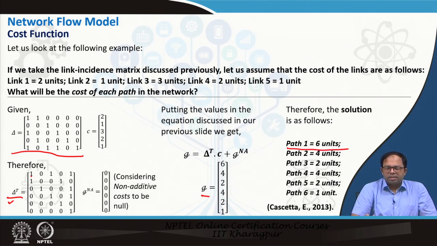So, path 1 is 6 units, path 2 is 4 units, path 3 is 2 units, and so on. We follow matrix multiplication rules, and we arrive at this path cost.